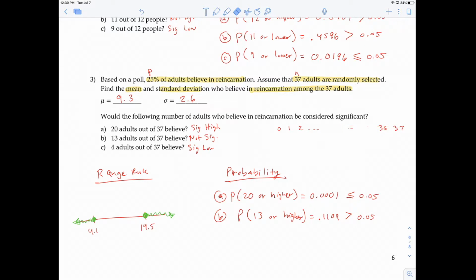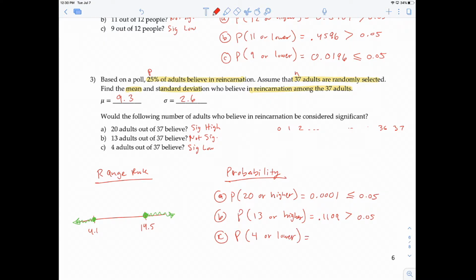So for question C, we're trying to figure out whether 4 is significant. And since 4 is less than 9.3, which is what we expect, we have to ask the question, is it significantly less? And to ask that question, we need to calculate the probability of that number or lower, right?